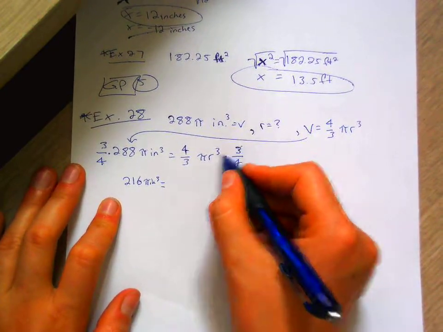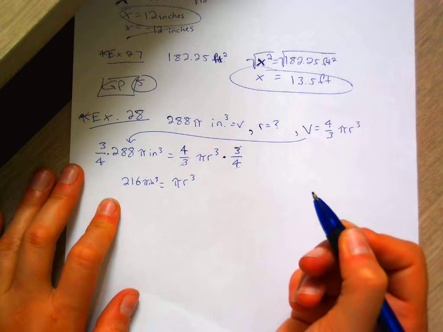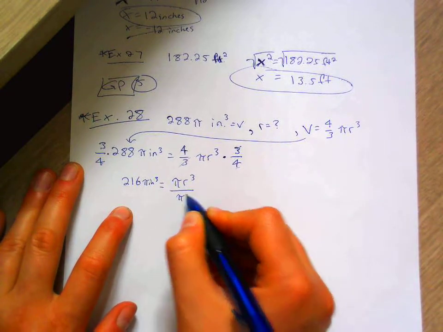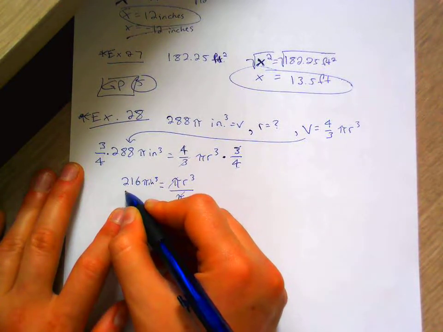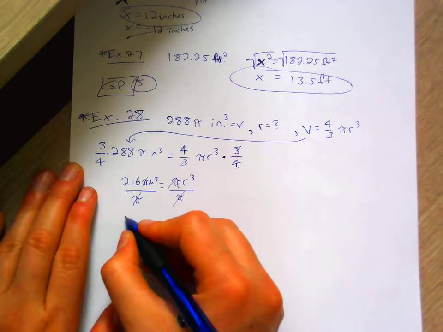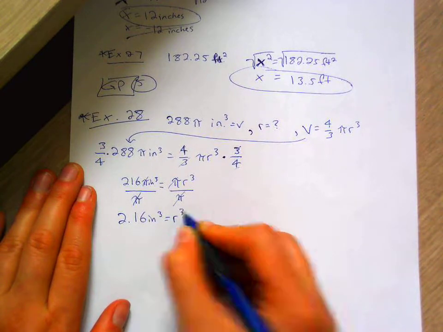Over here, the 3's canceled, the 4's canceled, that leaves us with pi r cubed. Now we can divide each side by pi. Over here it cancels, and the pi here cancels too. That leaves us with 216 inches cubed equals r cubed.